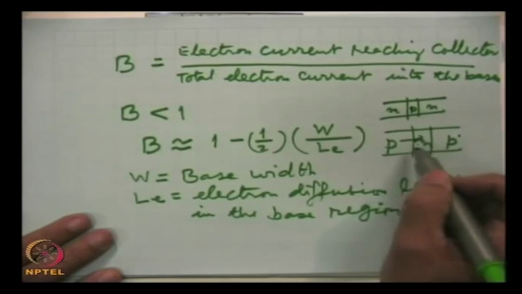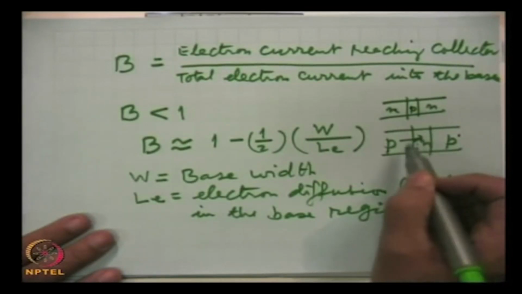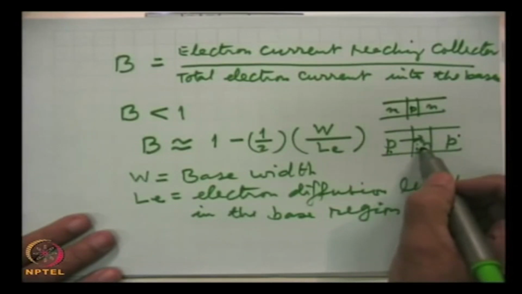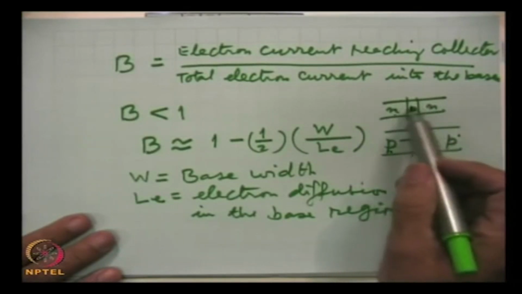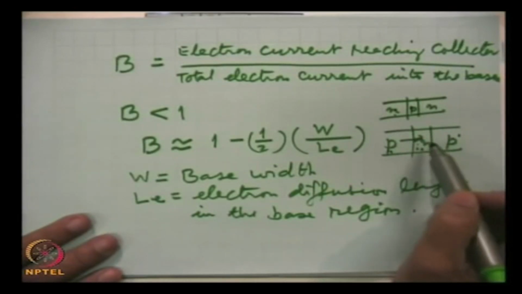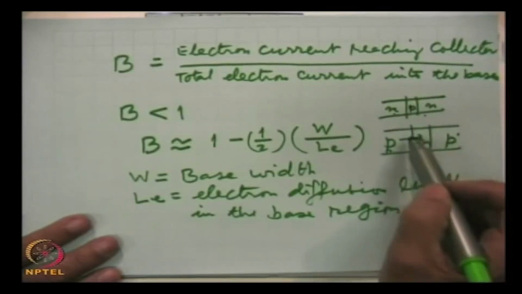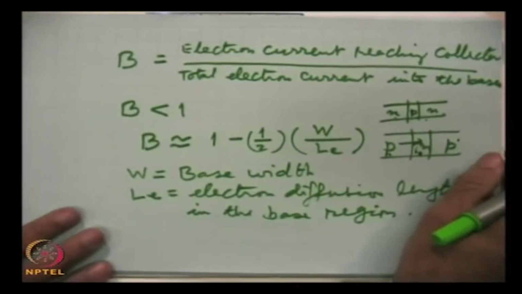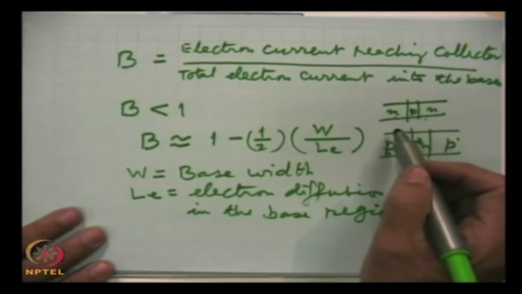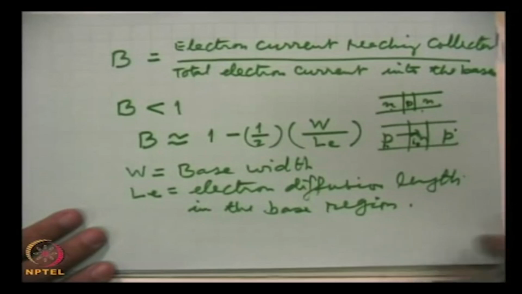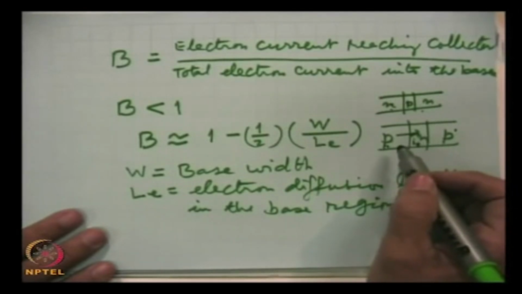So, in a PNP transistor, holes are in minority in the N region, and the role of electrons in NPN or holes in PNP transistor in the base region, they are minority carriers, and this is the most significant part in the transistor operation.